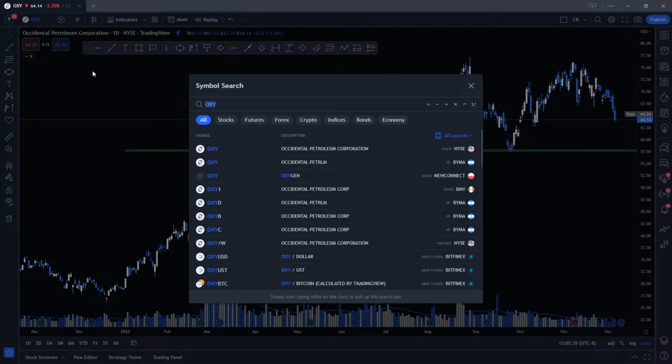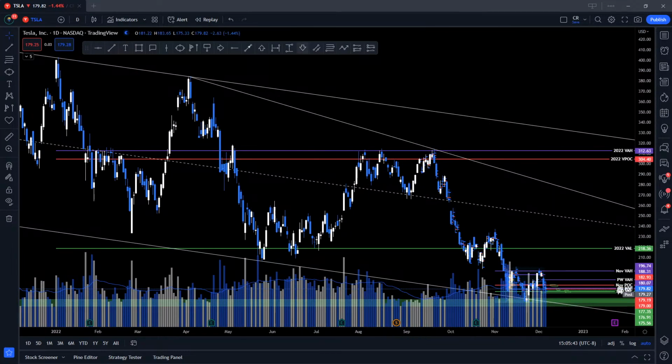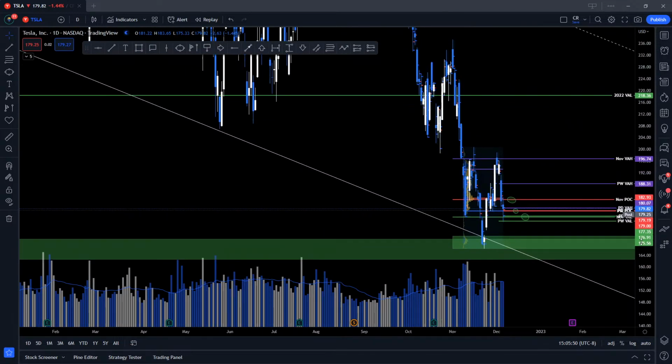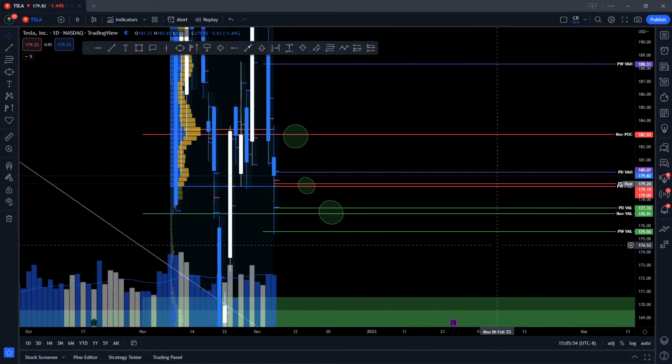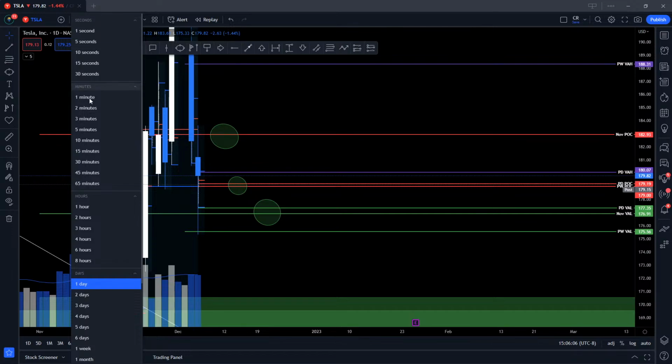Oh, wait. Tell me 180 is that POC. But 180 is the previous day value area high. So this is probably going to be our best entry on a retest of the value area high.